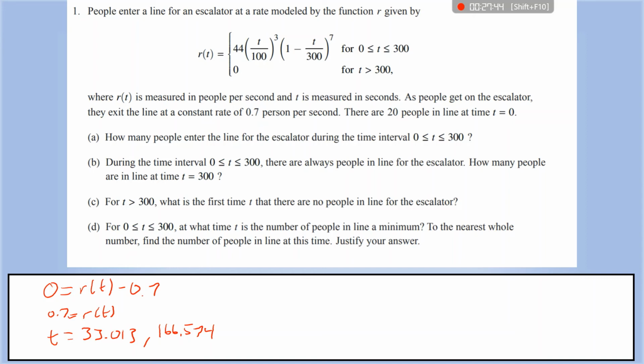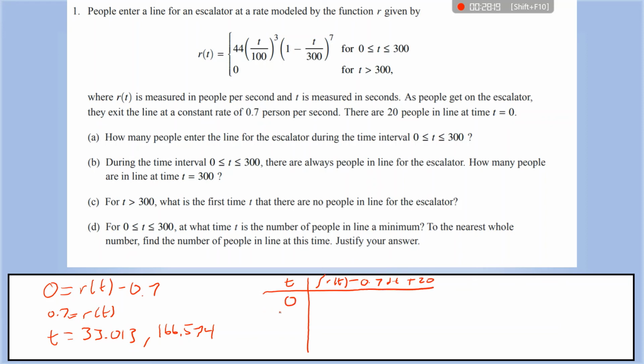Now, it's also possible for my number of people in line to be at a minimum at a start point or end point. So that means we really have 4 times to test. And then I'll need to know the number of people at that time. My number of people would be the integral of r(t) minus 0.7 dt plus our starting amount of 20 people.